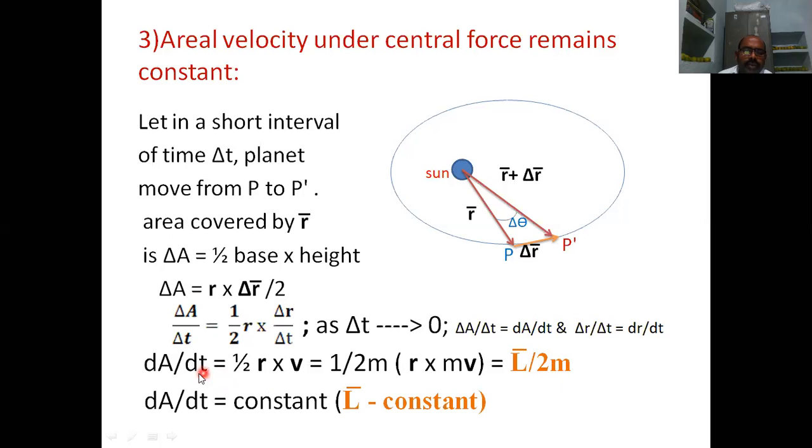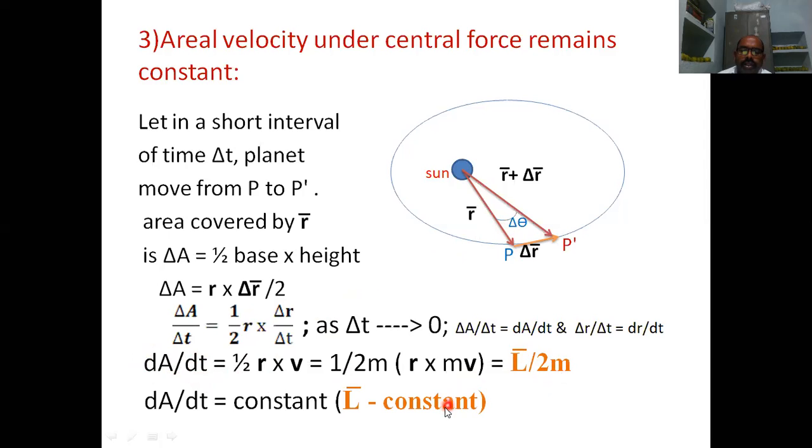So dA is the area swept out by the radius vector in interval of time dt. Therefore dA by dt is the area swept out by the position vector or the radius vector of the planet in interval of time dt, and that is equal to L bar by 2m.